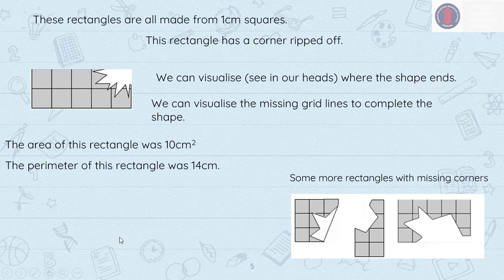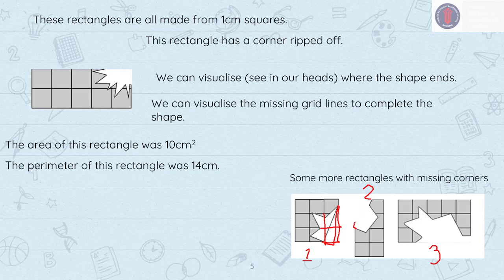This one is the first shape, this one is the second, this one is the third shape. The first shape, we can make the line like this, so we will know how many squares are ripped off. So this one, there are 2 squares that are ripped off.